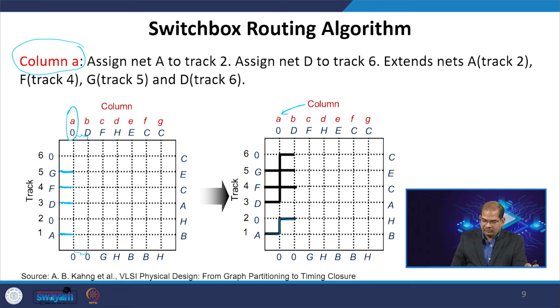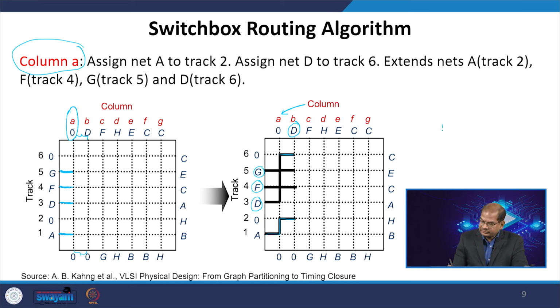Similarly, we have a pin D here in column B. So, next I need to look at the D net. It is going to track 6. Since D is moved to track 6, we cannot have any routing possible for G and F unless they have a horizontal track. So, F is assigned to track 4 and G is assigned to track 5.